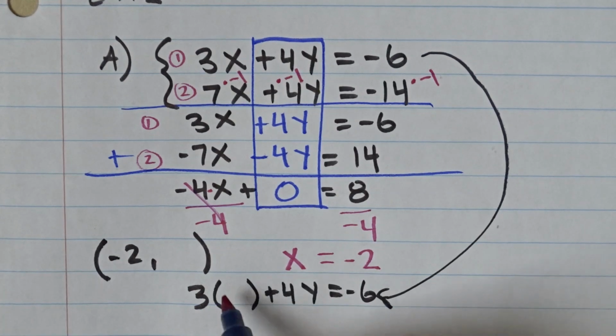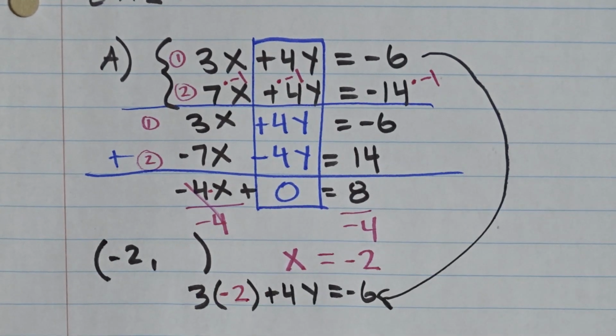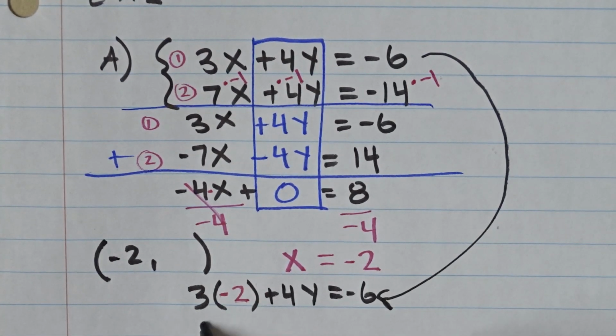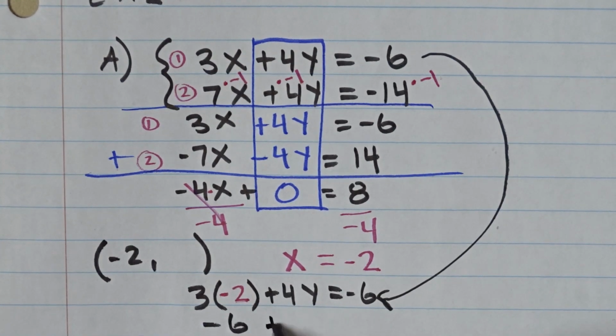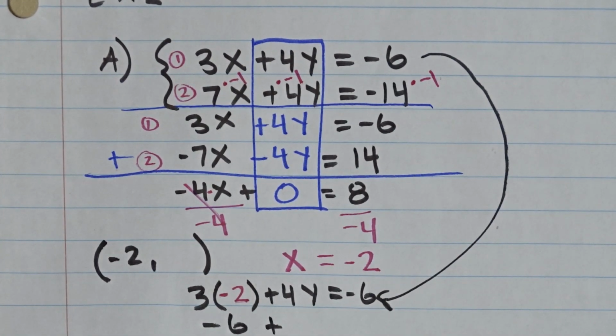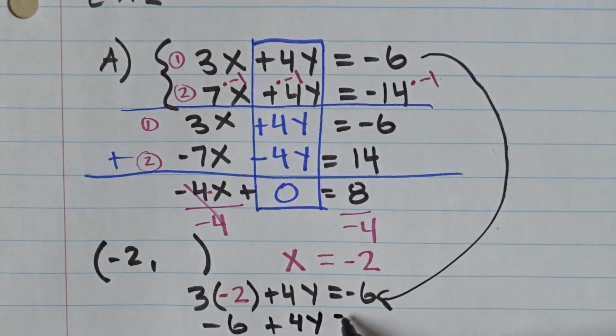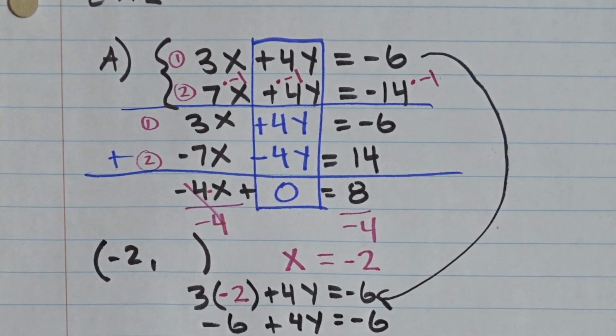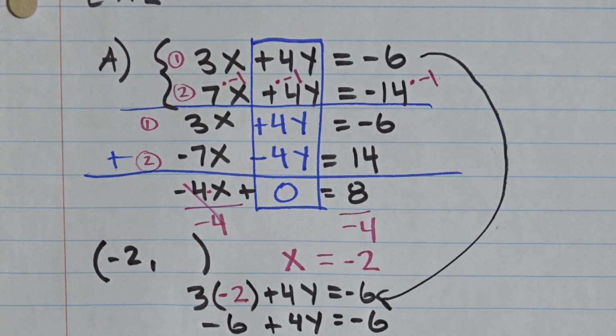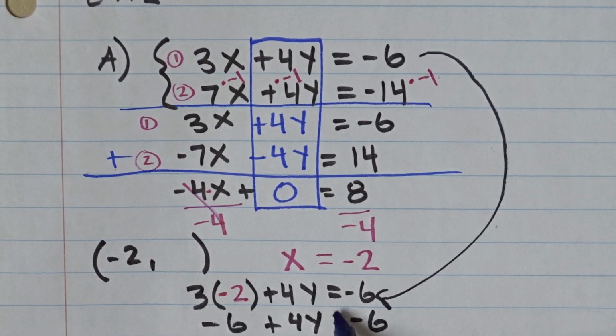And so now I know x is negative 2. My equation becomes negative 6 plus 4y equals negative 6. And now to get rid of that negative 6, I'm going to add 6 to both sides.